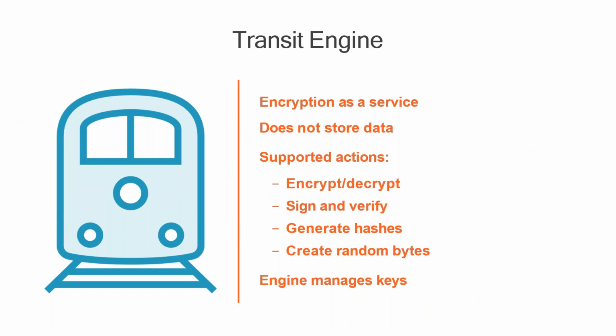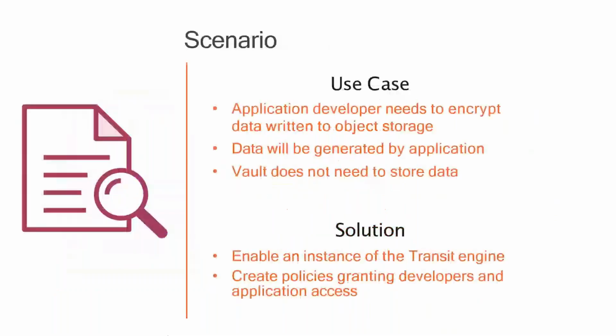Supported actions: encrypt, decrypt, sign and verify, generate hashes, create random bytes. The engine manages keys. This will help you store your primary password for the vault. So this is just encryption as a service, the transit engine.